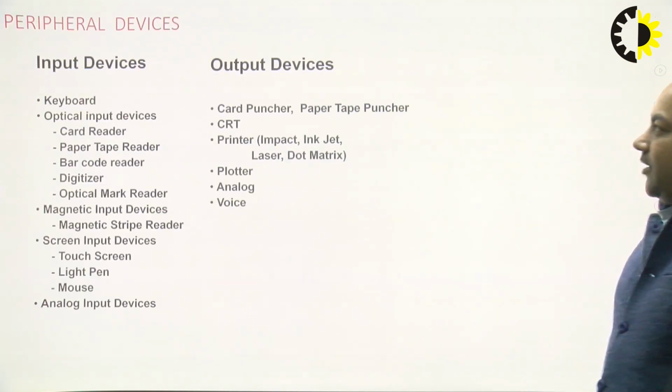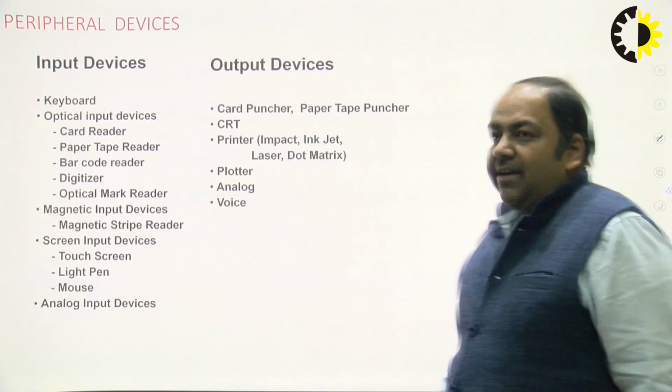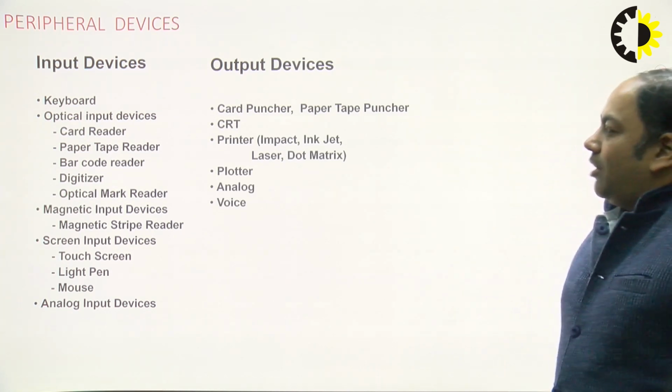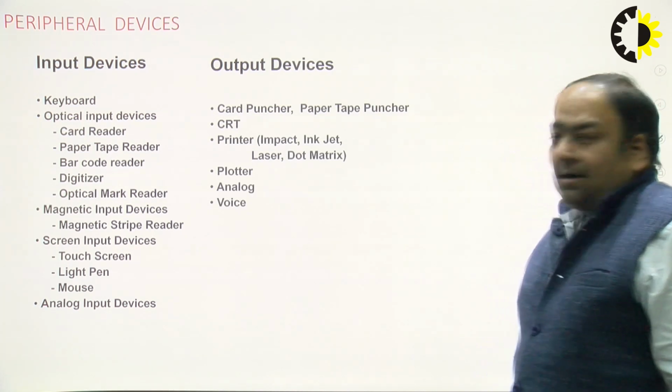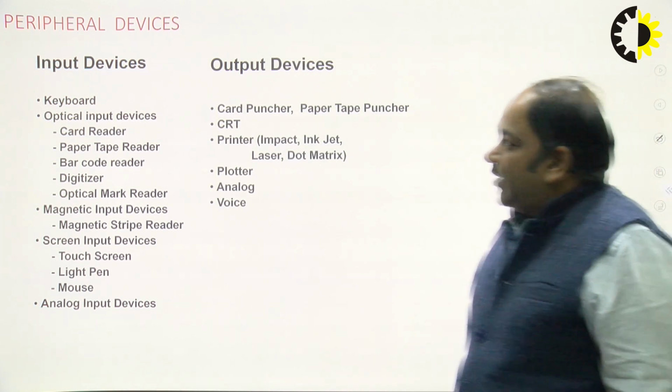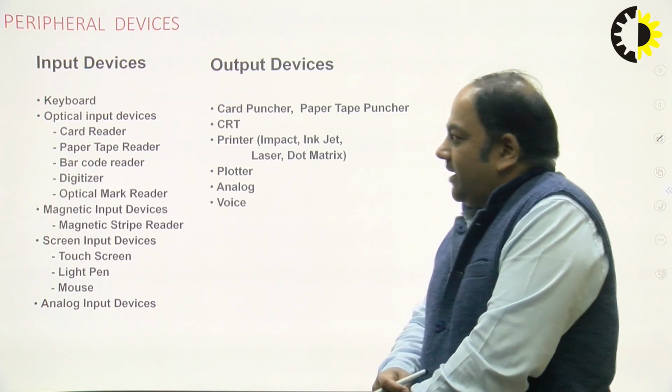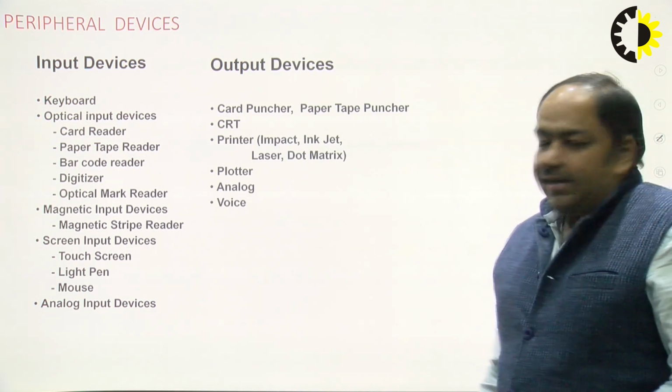First I would like to explain what the peripheral devices are. Basically, peripheral devices are a combination of input devices and output devices. Input devices are keyboards, optical input devices like card reader, barcode reader, optical mark reader.